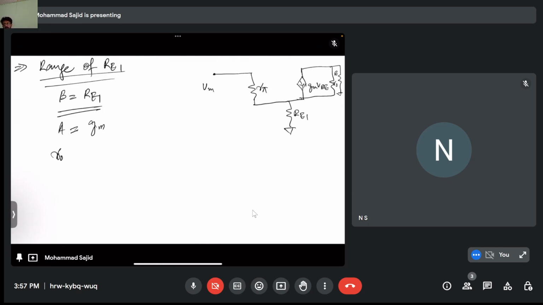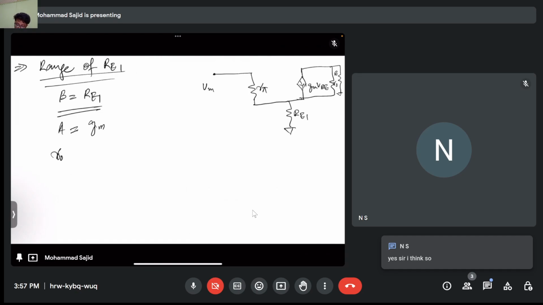This is your equivalent circuit. Is this correct? Okay, fine. So we can move on.